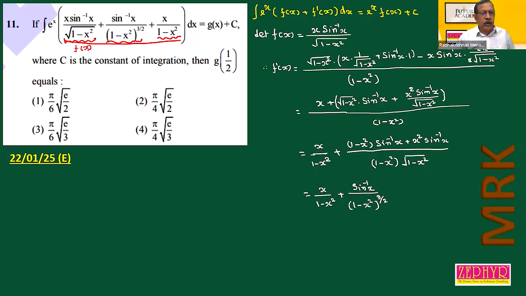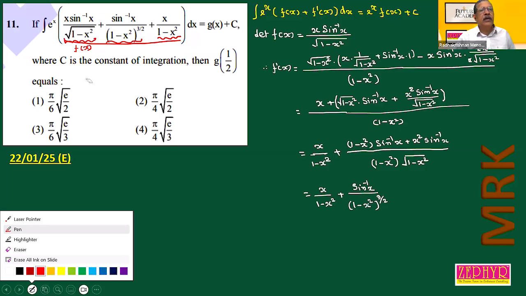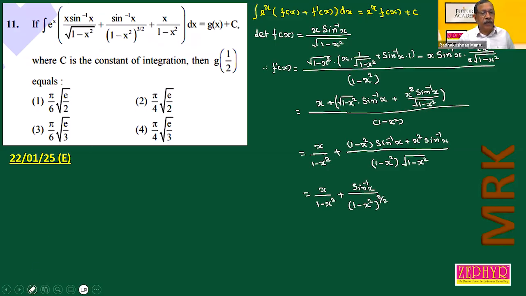Okay. So what you understood? This is f of x. And this is f dash of x. Therefore, our integral will be what? e raised to x into f of x plus c.